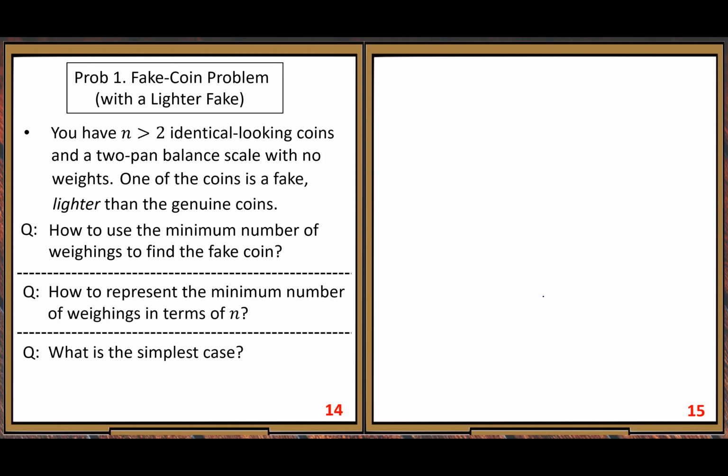Remainder 0. So that means n is a multiple of 3. That's for the first split, right? How about the second split? Another multiple of 3. How about the third split? Another multiple of 3. How about the fourth split? Another multiple of 3. All the way multiples of 3.